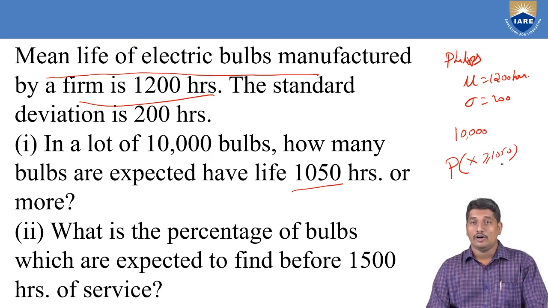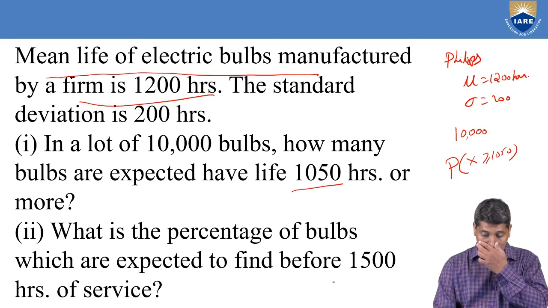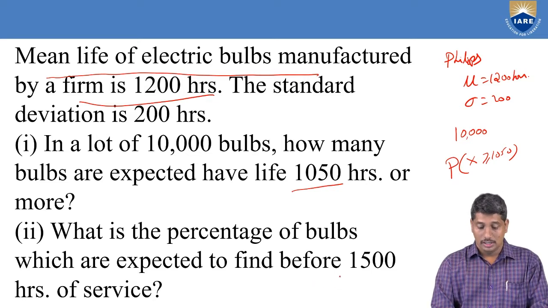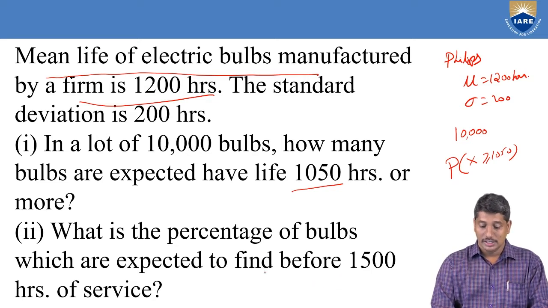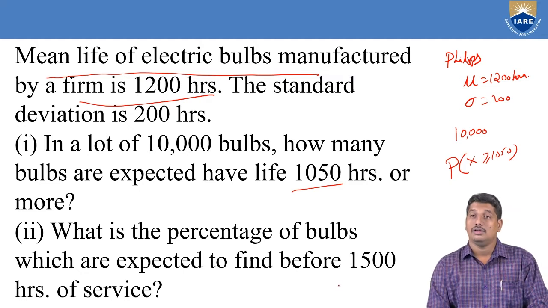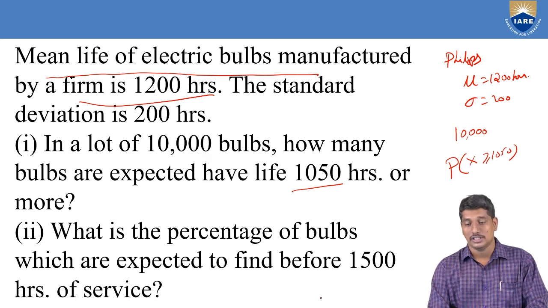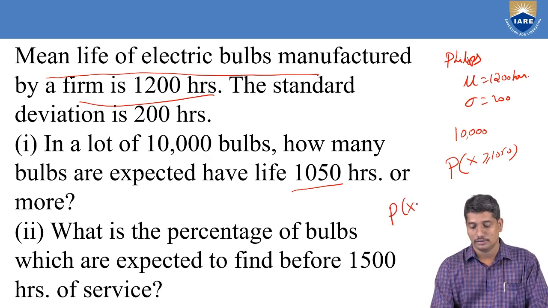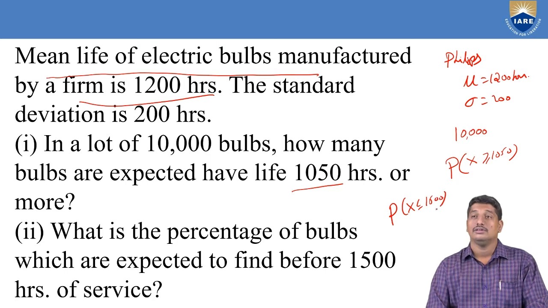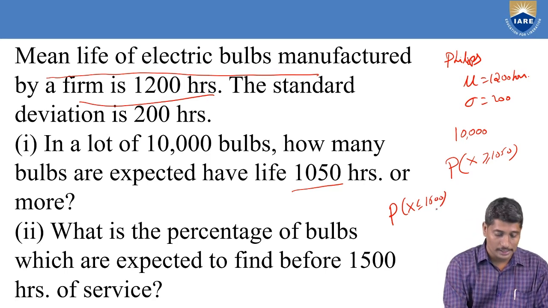And also we have to calculate what percentage of the bulbs is expected to fail before 1500 hours of service. That is P of x less than or equal to 1500. Okay, these are the probabilities we need to calculate.